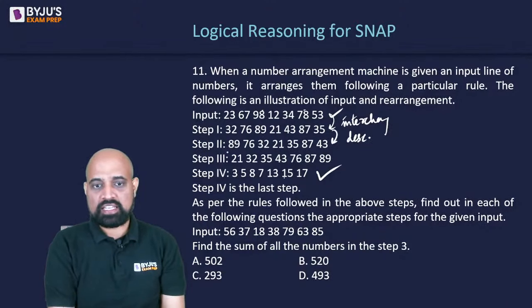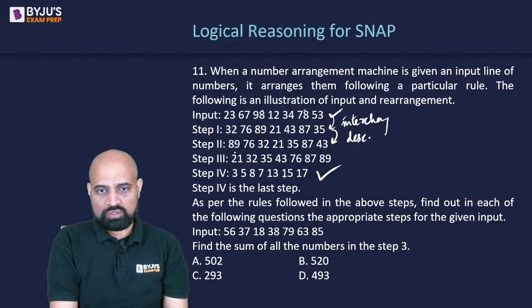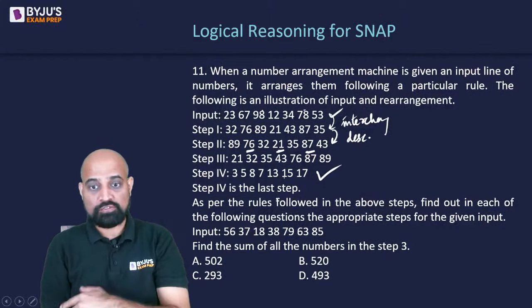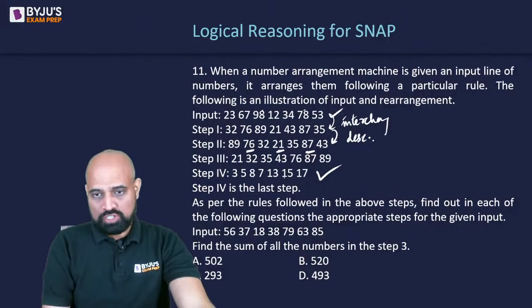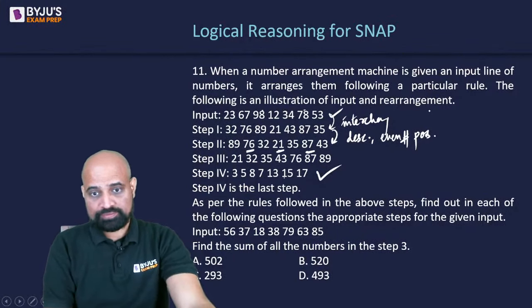No, this is not descending exactly. So we have 89, then 76. So the ones that do not move from their positions are the even numbered. So descending is happening, but even numbered positions stay put, they don't change.